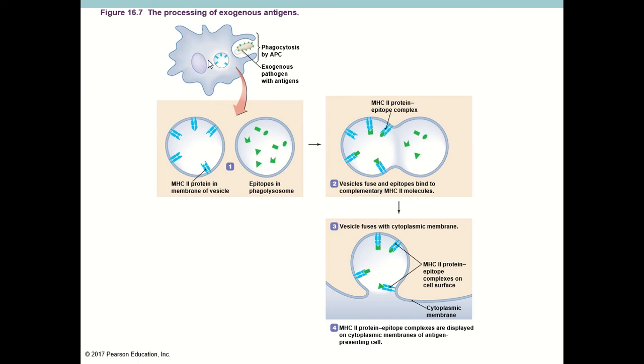Okay, this macrophage engulfed an antigen or a microbe, and once it's engulfed, this microbe is going to be degraded inside. It's going to be broken down into its constituents. Those constituents become epitopes. Okay, they become antigens.